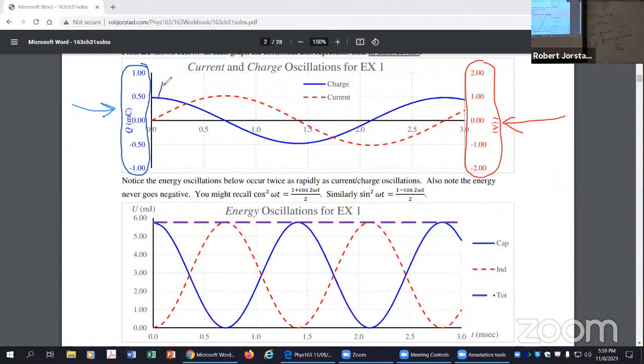We see that this one is Q cosine, right? And the red one with the dashed line is I max sine. Do you see that one's the sine and one's the cosine?